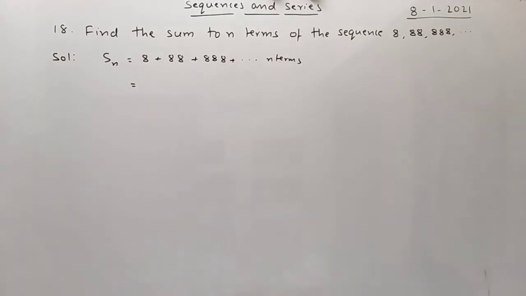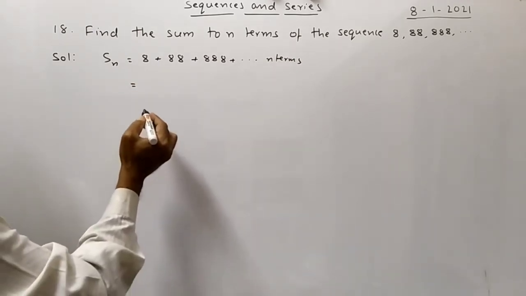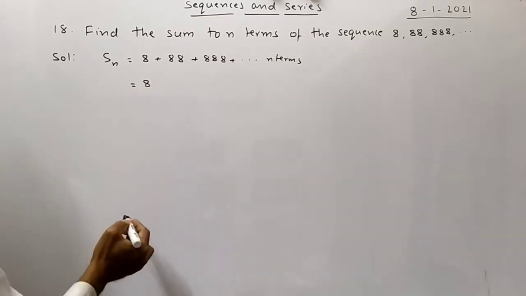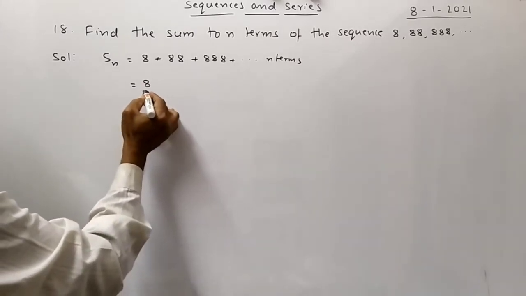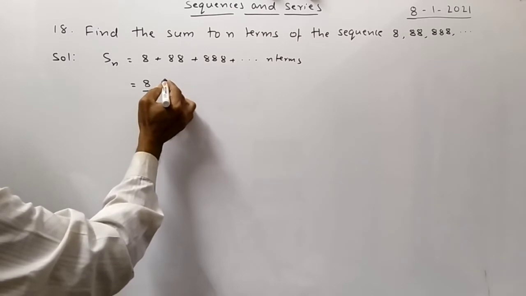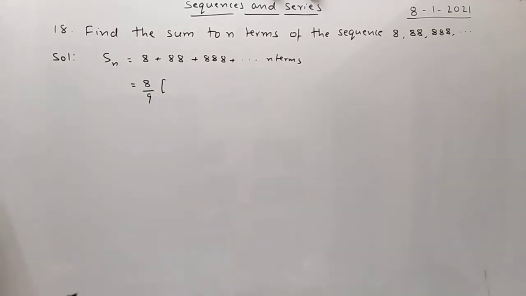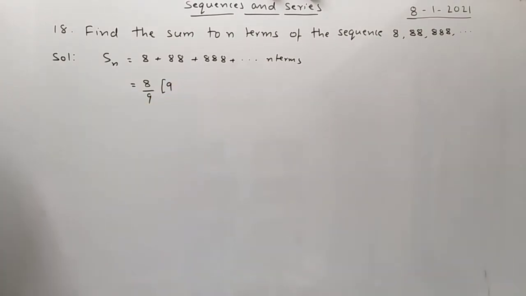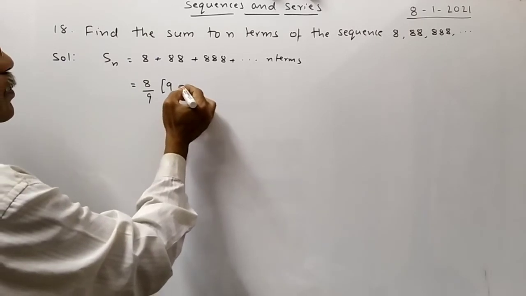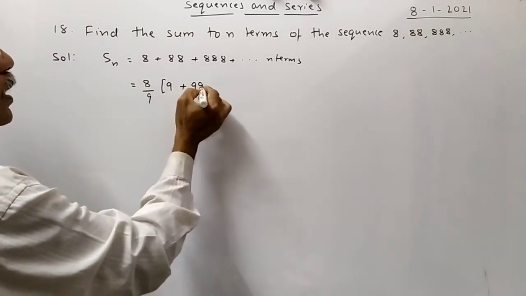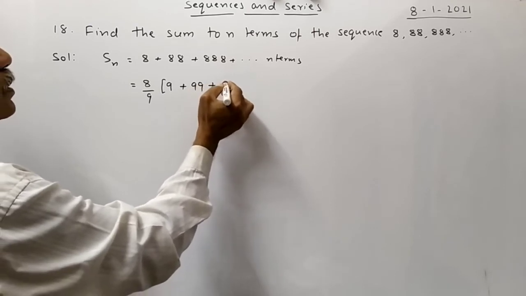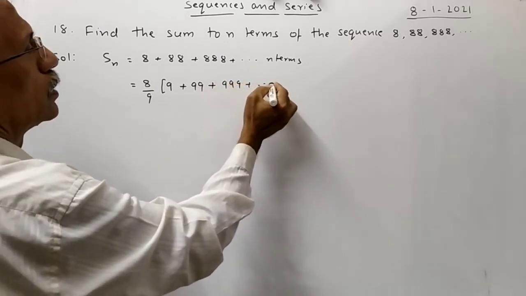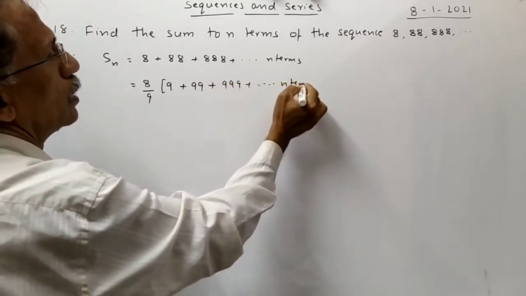Is equal to, if you take 8 by 9 common, then you will get 9 plus 99 plus 999 plus and so on, n terms.